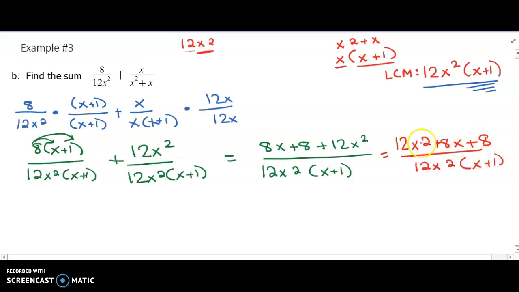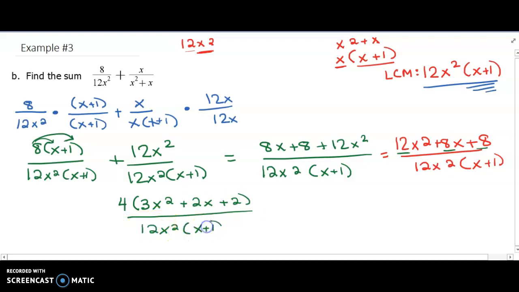Okay, now here we do have a GCF in the numerator, right? They're all even, and they're also all divisible by 4, so I'm going to pull out a 4, and I'm left with 3x squared plus 2x plus 2 over 12x squared parentheses x plus 1.